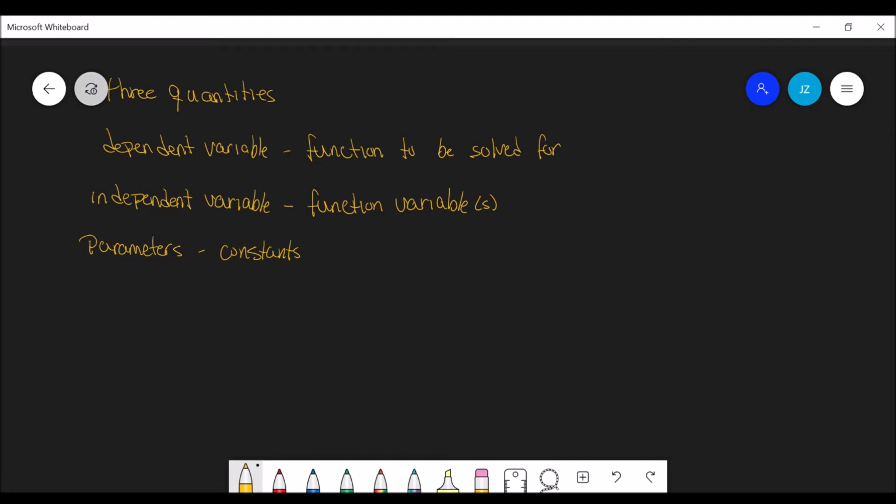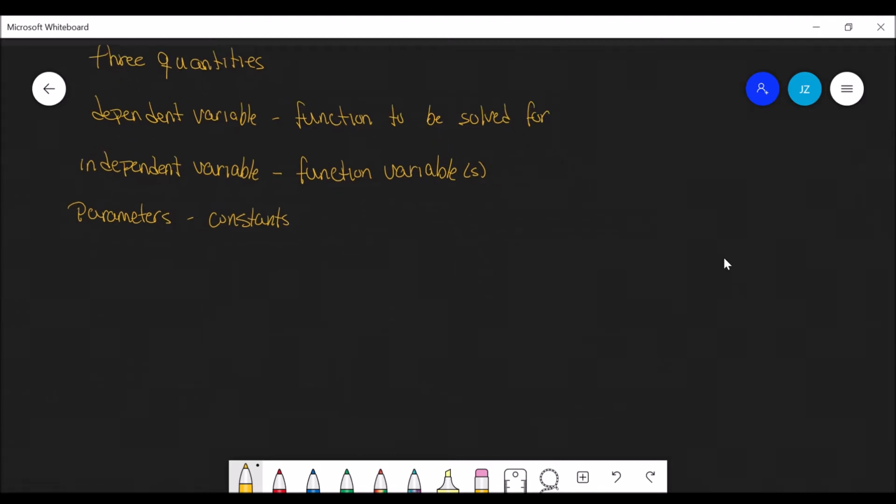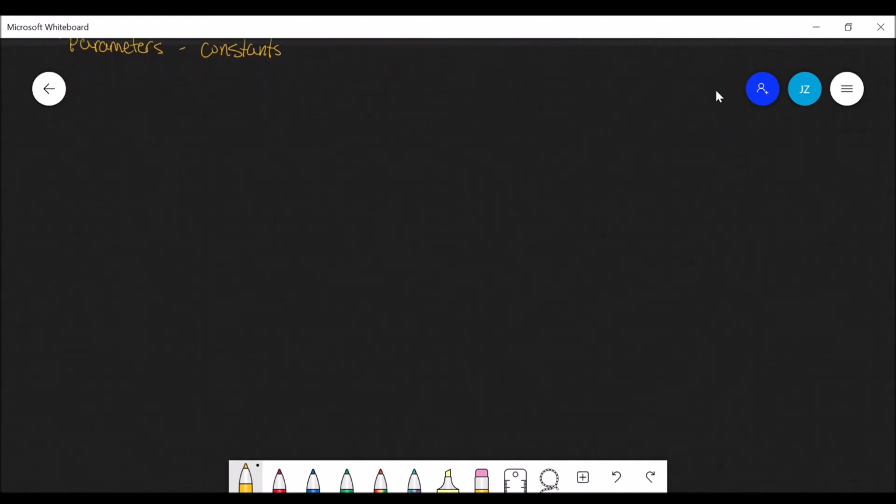Now you should also remember that when studying derivatives in calculus, we had higher order derivatives. We could take the first derivative, the second derivative, the third derivative. In this sense, we also have an order of a differential equation.